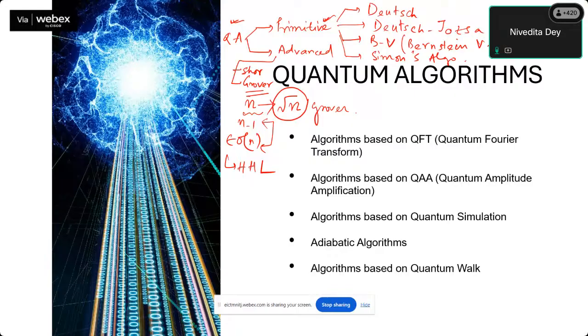Similarly, HHL theoretically gives quantum advantage, or exponential speedup, but there are a lot of other constraints associated with it. So far, it is the most primitive quantum machine learning algorithm. But as I mentioned, nothing is like Shor and Grover.